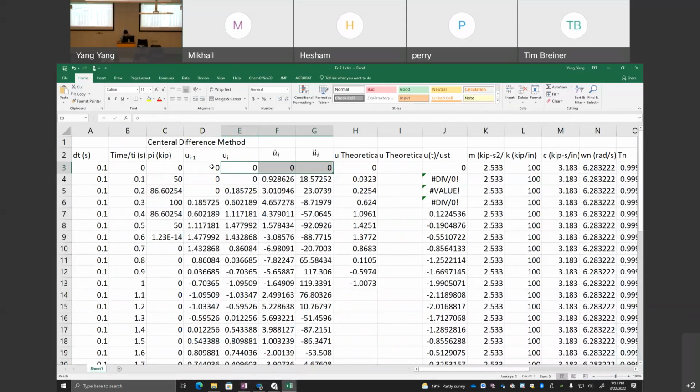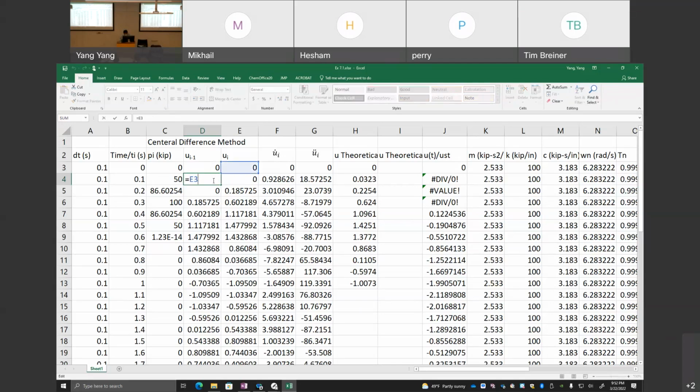With that given, we can gradually input the equations. For example, those are the initial ones, and this is the velocity at time 0.1, and so the displacement at time 1, the u(i-1), should be equal to the displacement at time 0.